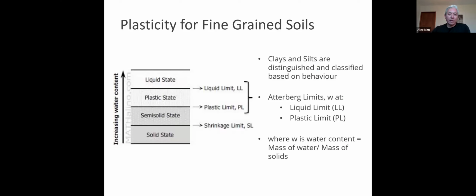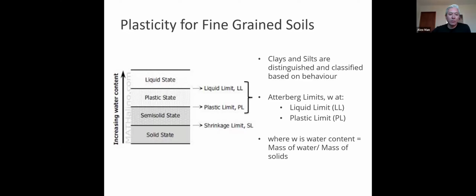So this diagram basically shows the states that a clay or a fine-grained soil can go through as you increase water content. So at the bottom of that diagram, you can have that state where it's rock solid, and then you can move up and slowly add water where it becomes semi-solid, and then it becomes plastic, and then at some arbitrary number, which we'll define in a minute, it can become a liquid.